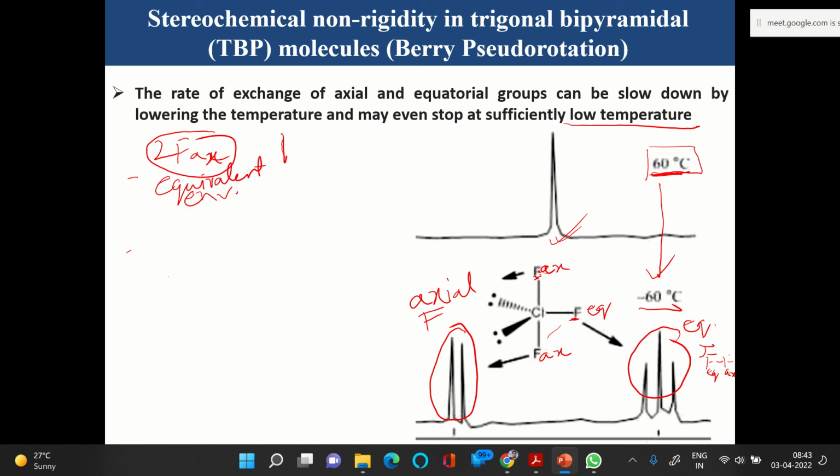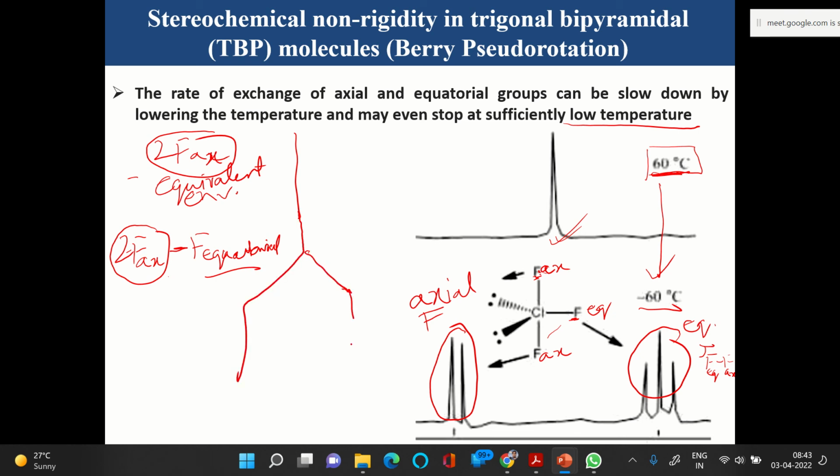Then this 2F axial, which appeared at one position, now interacts with the one fluorine in the equatorial position. So this signal will split into 2, and you will obtain a doublet. This is how you have to interpret it.